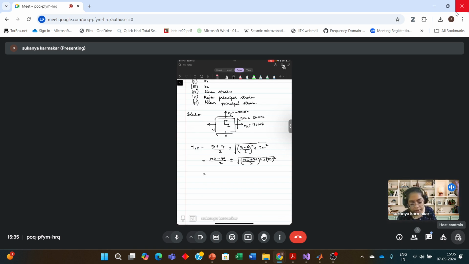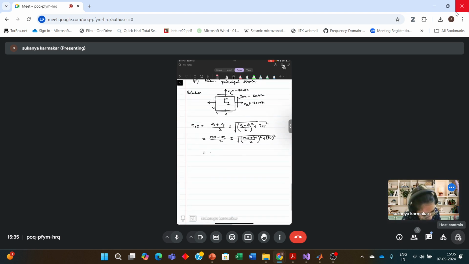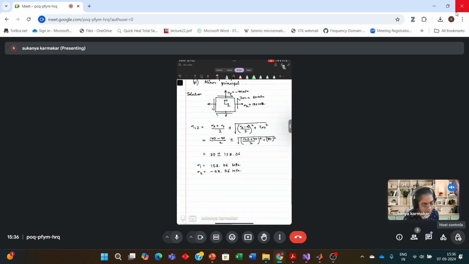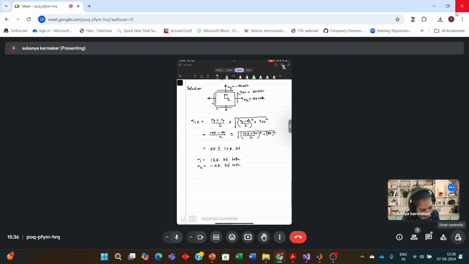When you solve it, this will be 30 straightforward, and this is 128.06. So sigma 1, which is the major principal stress, is 158.06 MPa, and the minor principal stress sigma 2 is minus 98.06 MPa.